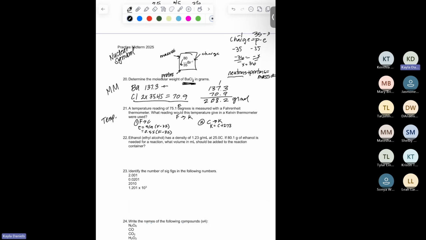All right, so what is our Fahrenheit? I'm running out of room, but 0.55 times 75.1 minus 32. So I got to do that subtraction before I multiply it by 0.55. So 75.1 minus 32 times 0.55.